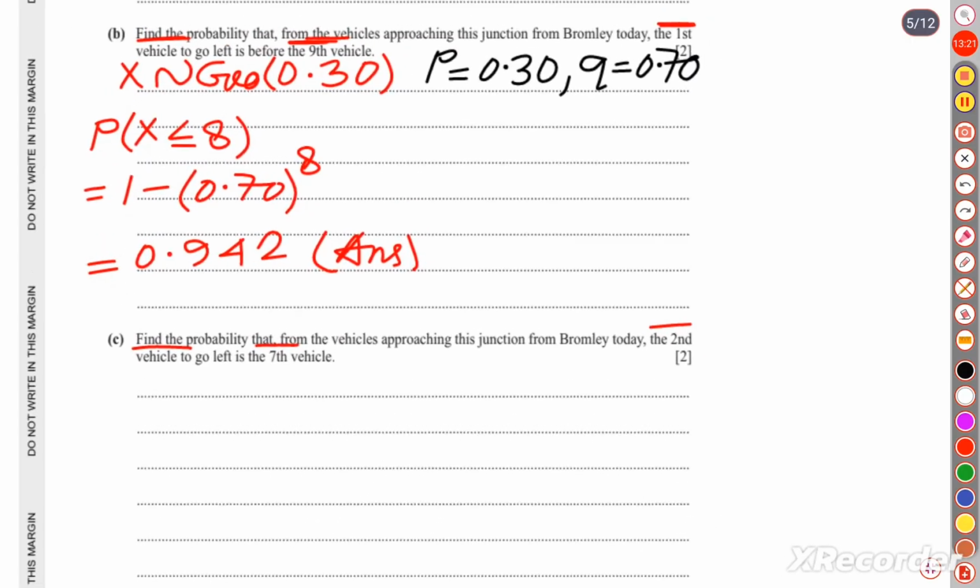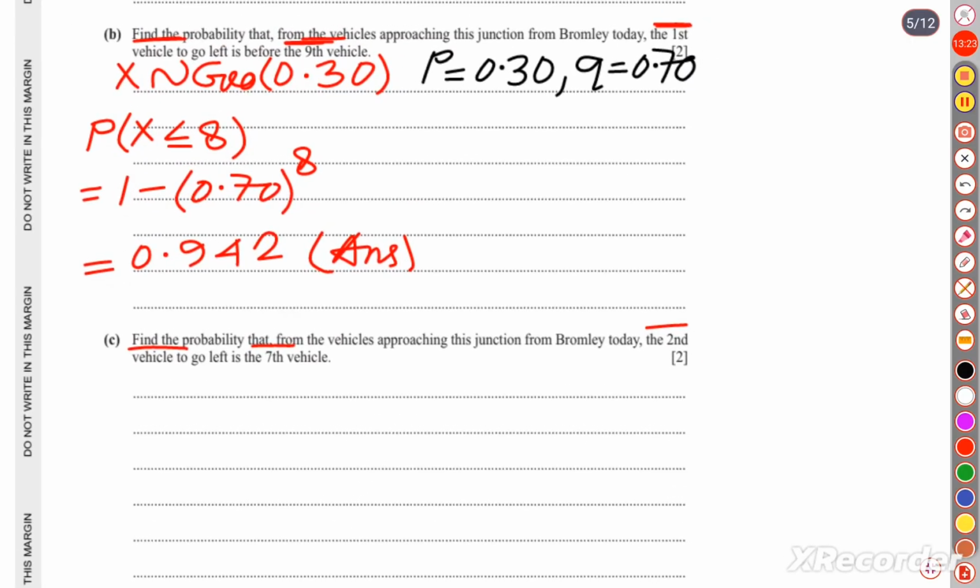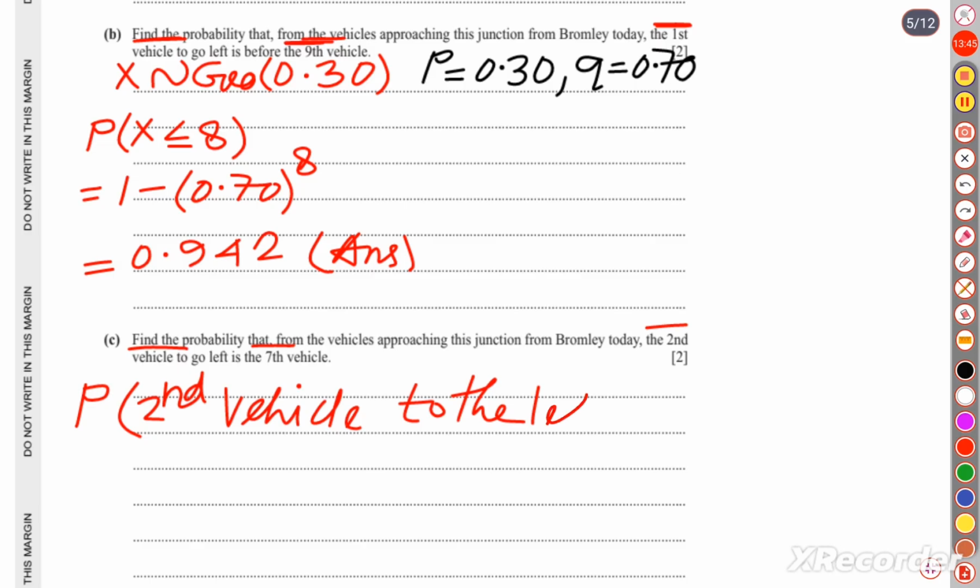Let us write here: probability of the second vehicle to the left on which trial?